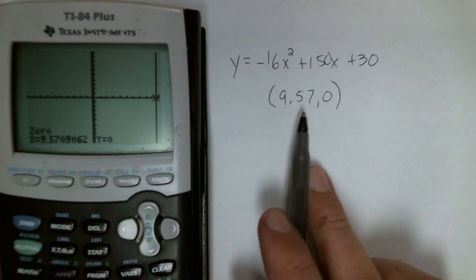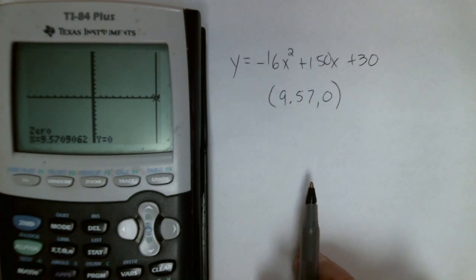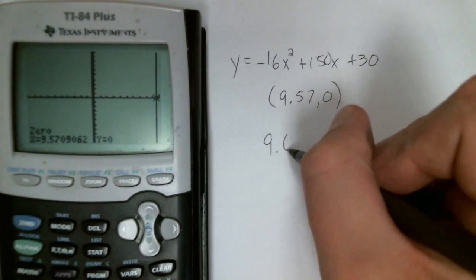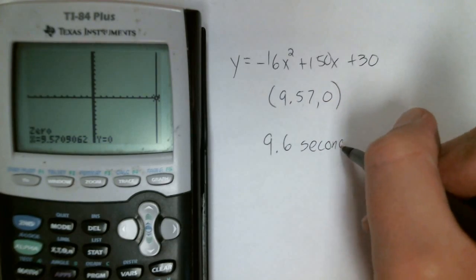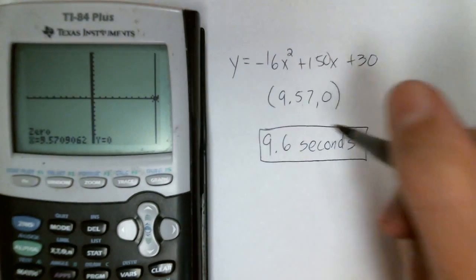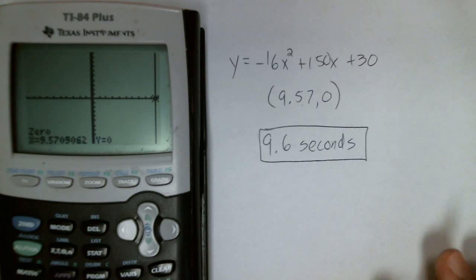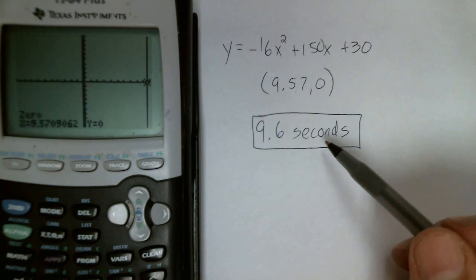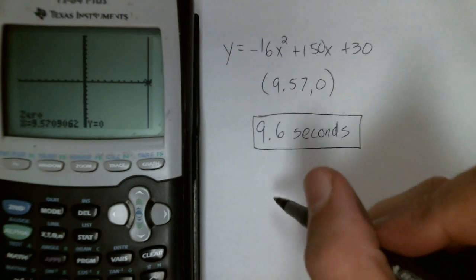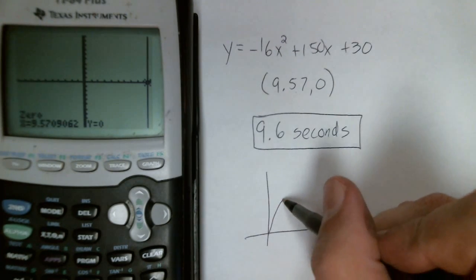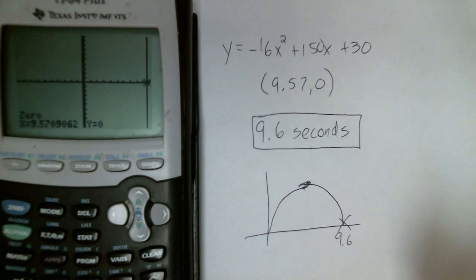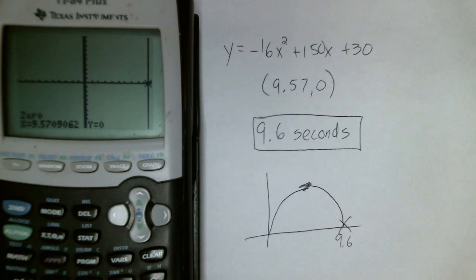All right, so what is the meaning of these numbers? When will the rocket hit the ground? It's going to hit the ground after 9.6 seconds. Now one thing I am real big on is asking myself, does this answer make sense? I hope this is not a full-blown NASA rocket with astronauts, because after 9.6 seconds everybody would be disintegrating.